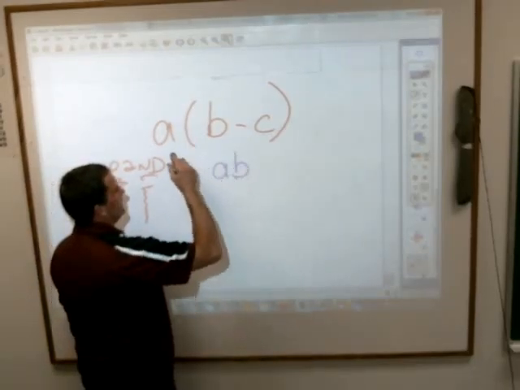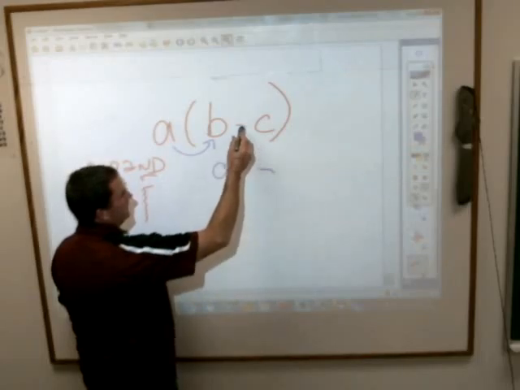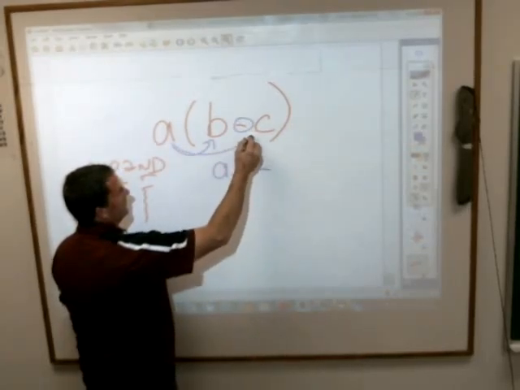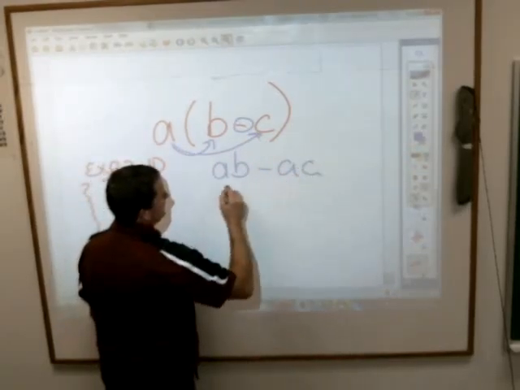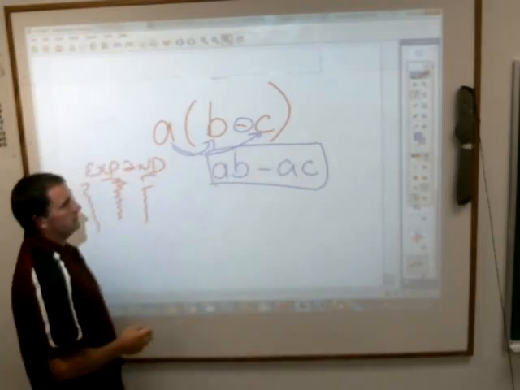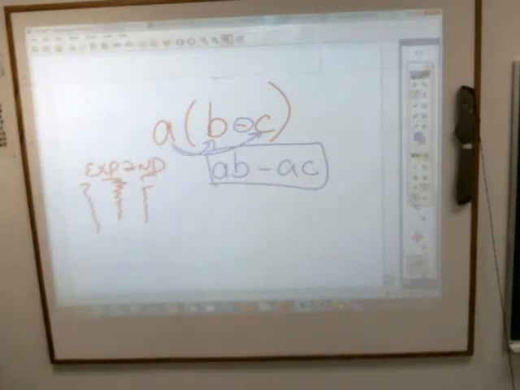Thank you very much. A times B is AB minus, make sure you take that sign there, A times C is AC. Simple as could be. Could you put BA minus CA? Yes, but in math, again, we always put it alphabetically if you give them a choice, just to be consistent with everything. Everybody's good with that?